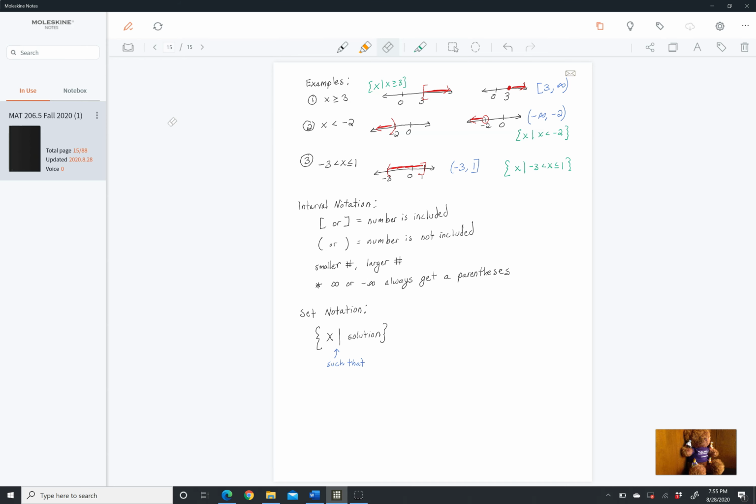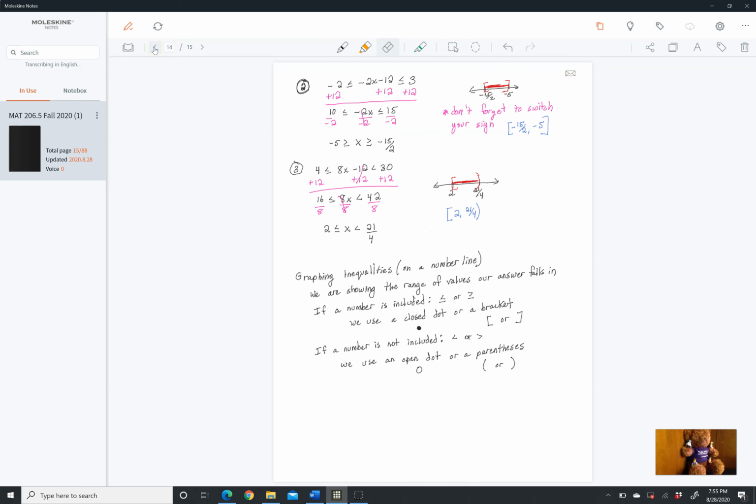So when we get to some more complicated equations, where we have multiple solutions or multiple inequalities, we're going to prefer set notation, okay? Here, interval notation is actually a lot shorter to write. Here, it would be x such that, and then just our answer.